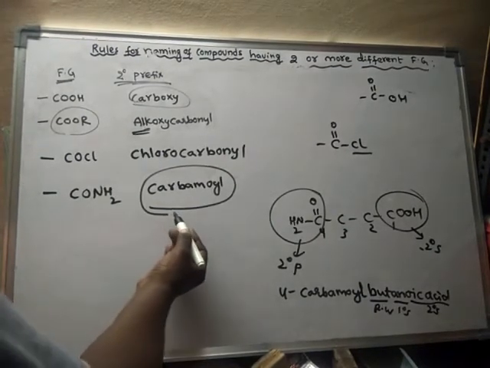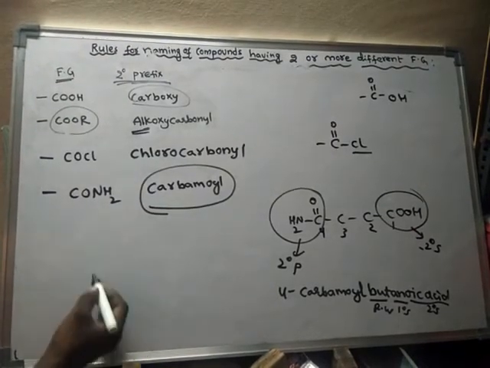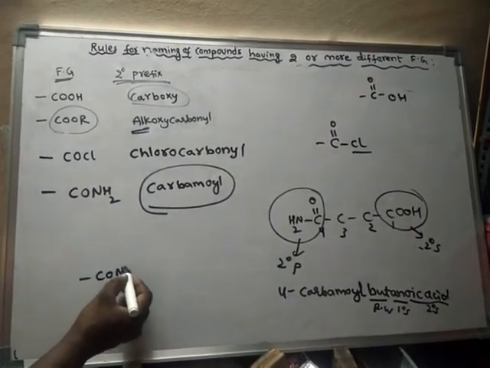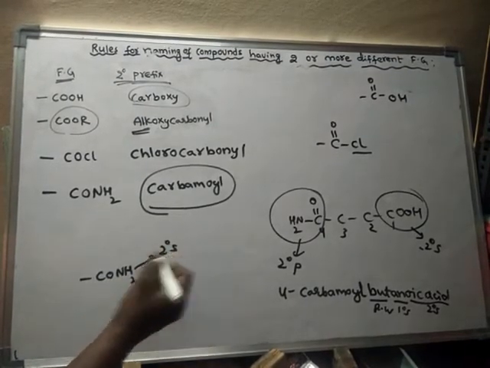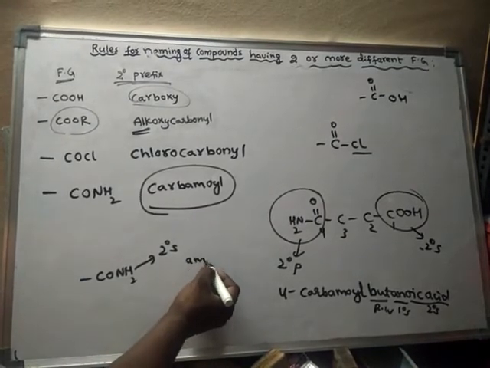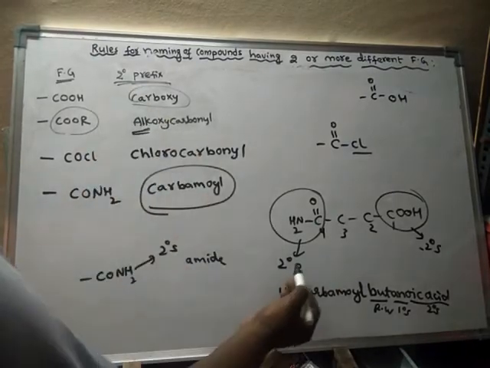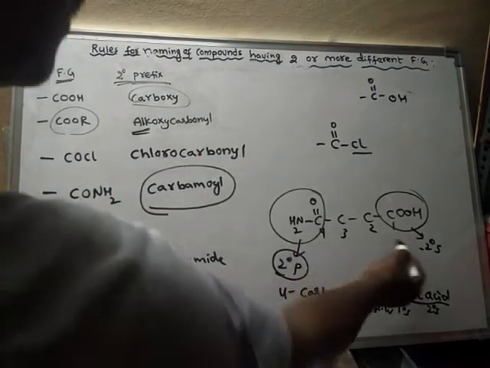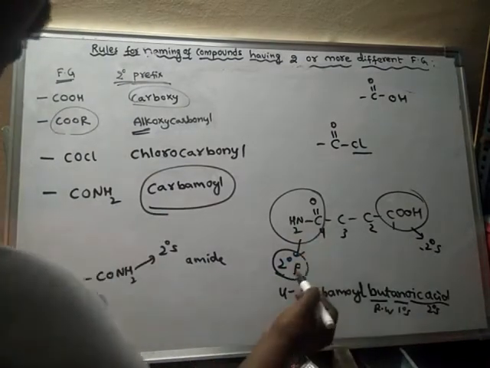See here, if amide CONH2 appears as the secondary suffix in the compound, then we have to use amide. But in this case it is appearing as the secondary prefix. This one is appearing as the secondary suffix and this one is appearing as the secondary prefix.